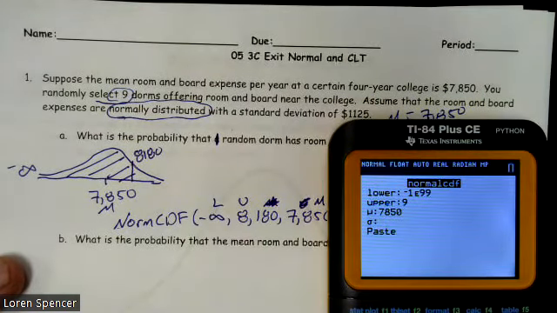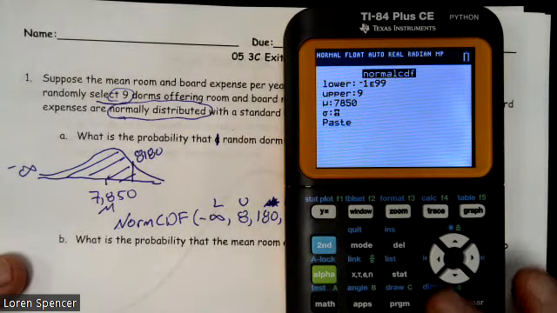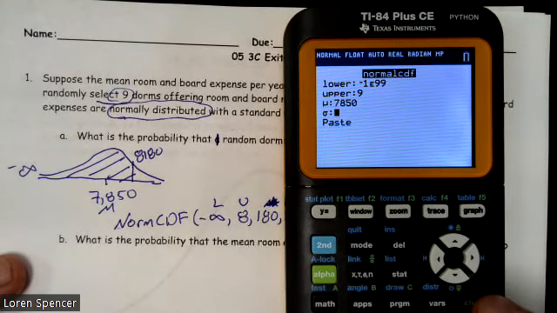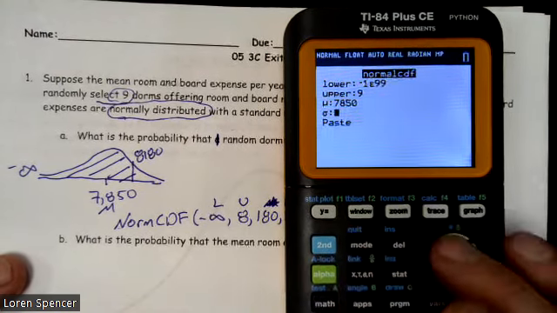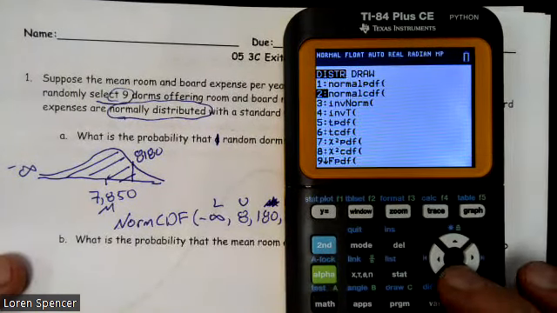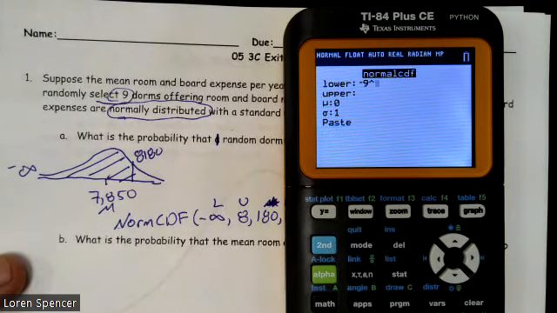We're going to the calculator, and we're going to go second vars, normal CDF. All right, our lower bound, negative infinity, negative 9 caret 99.